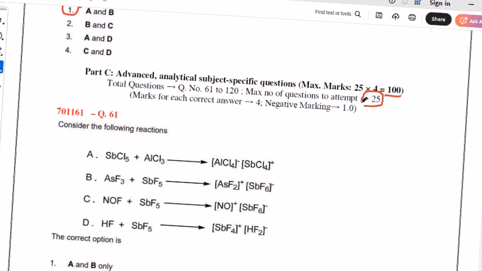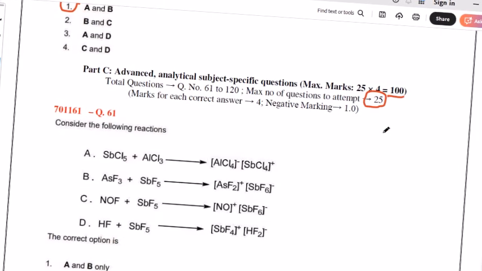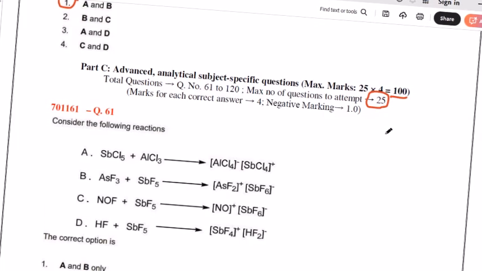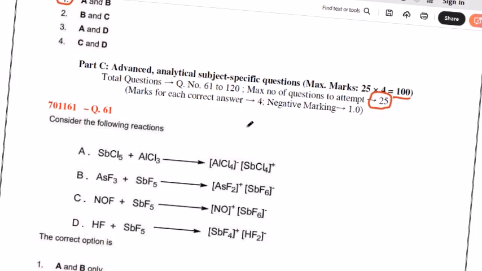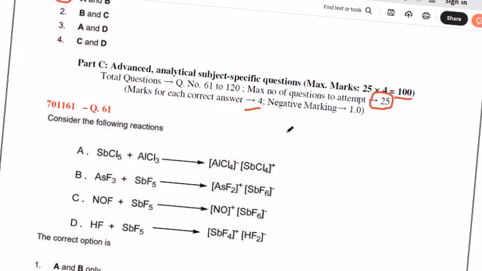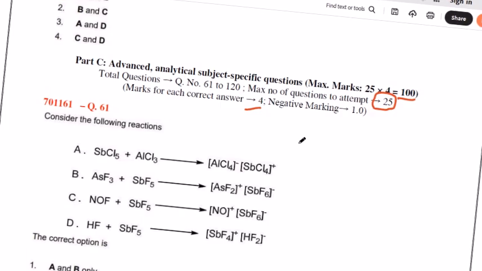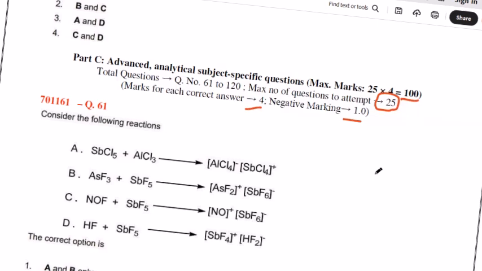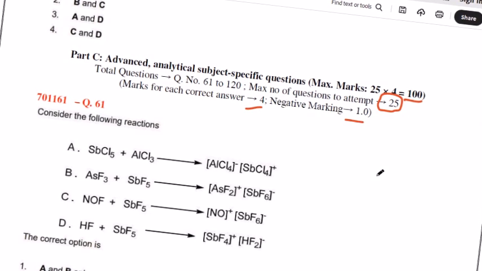The first 25 questions you answered are going to be calculated for awarding marks, whereas the remaining are not going to be calculated. Each question carries 4 positive marks. If you give a wrong answer, you are going to lose 1 mark. It is going to be 1 negative mark, right? So let us see the questions of part C.